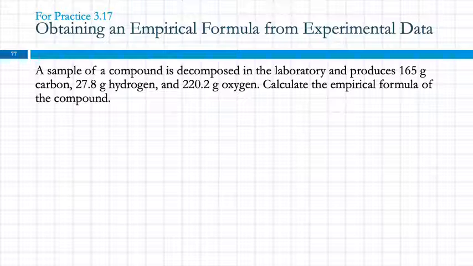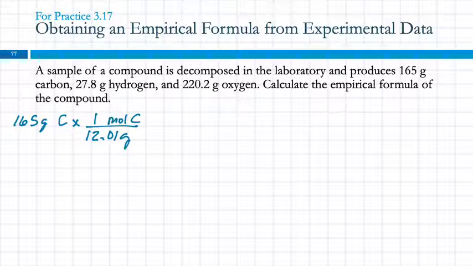So the first one they gave me is carbon. 165 grams of carbon. I need to convert this to moles. 1 mole of carbon is 12.01 grams. So this gives me 13.7385521.